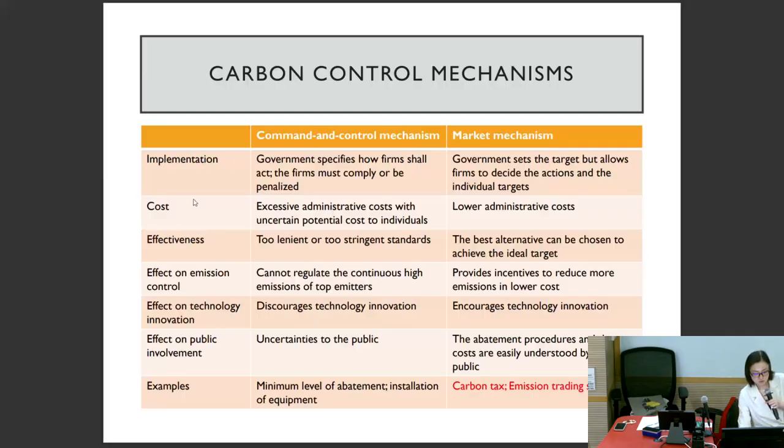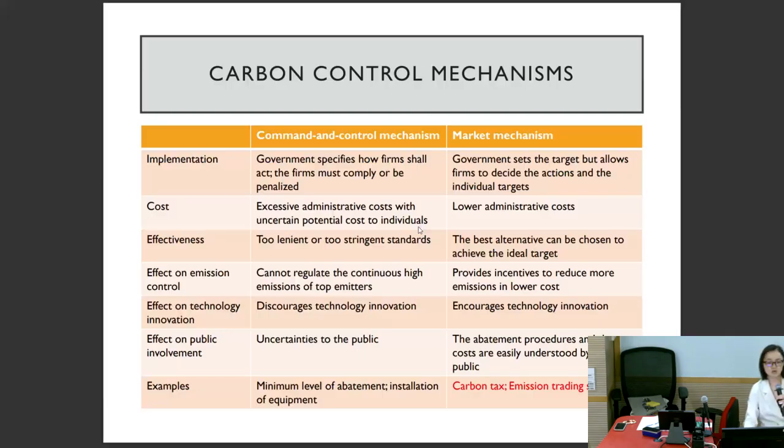So for command and control, the cost is excessive administrative costs with uncertain potential costs to individuals. If you mandate every firm to apply some technology, or to reduce their emissions to a certain level, then the cost of this reduction could be very high, because it is a one-size-fits-all mechanism. No matter what type of business you have, and no matter how difficult it is for your company to reduce emissions, we have the same line for you to fulfill.